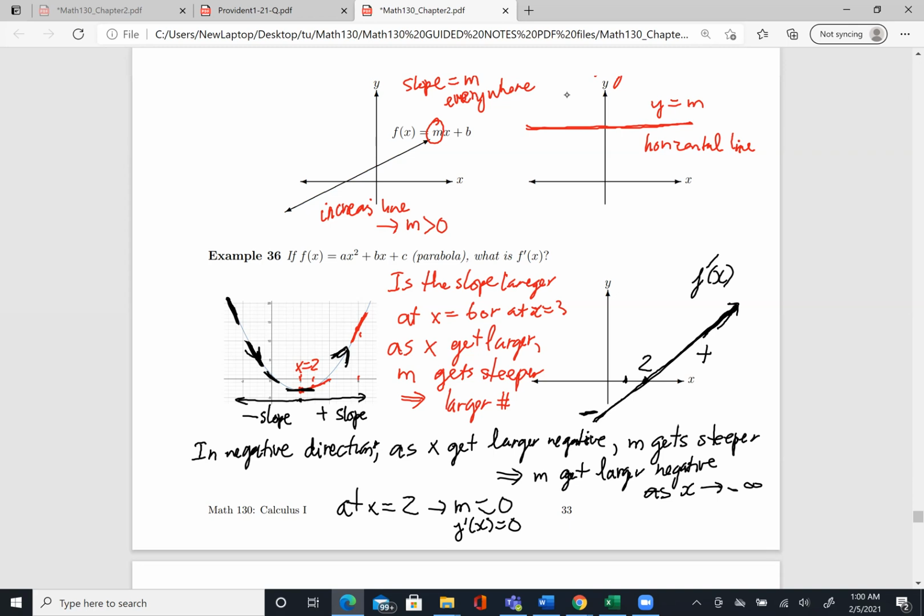So that means the line should be increasing. The derivative has to be a decreasing line. I'm sorry, an increasing line. Okay, so that's example 36.